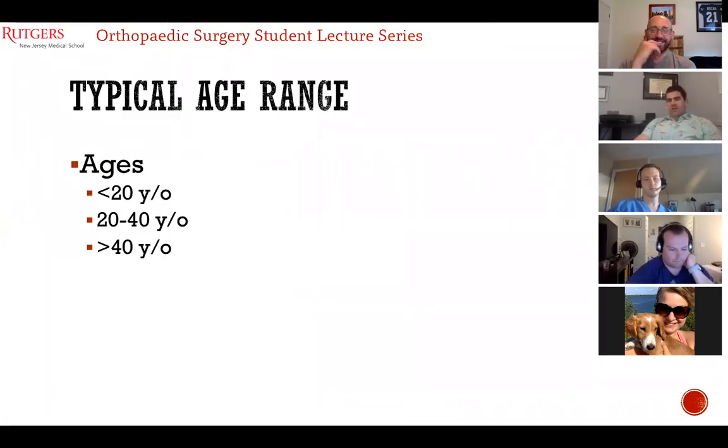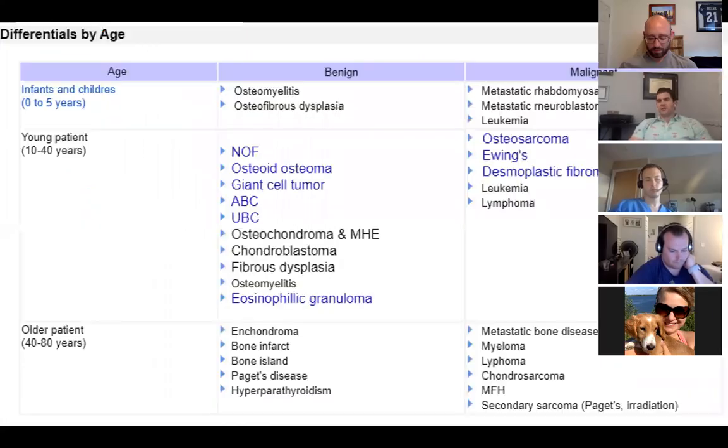So we're going to break things down into 3 major categories today. This is for the ease of conceptually understanding stuff. Younger than 20, talking about adolescents and younger children, young adults to middle-aged 20 to 40, and then older than 40, and then factoring this into our diagnoses.